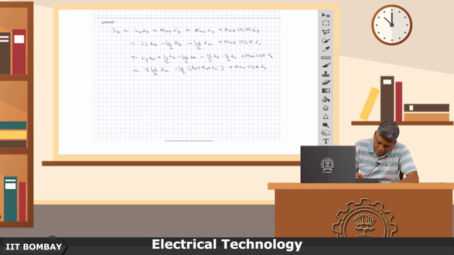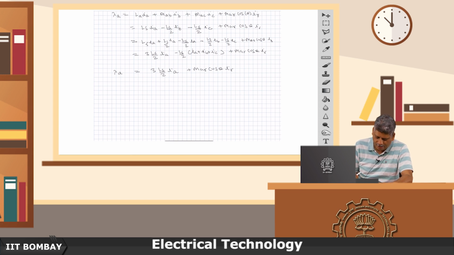But then for a balanced system, IA plus IB plus IC will be equal to 0. So, therefore, this lambda A will simplify to 3 Ls by 2 IA plus MAR cos of theta IR.